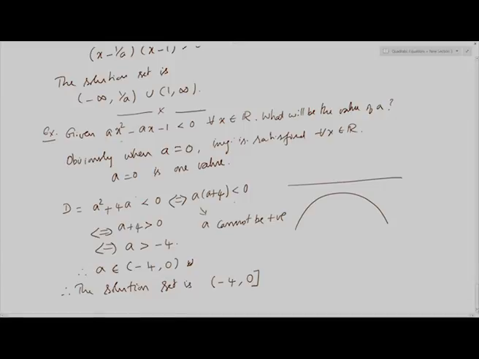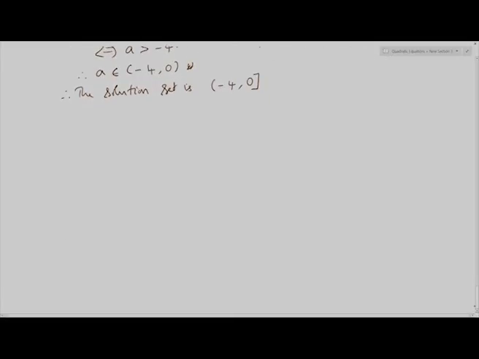So, let me take one more problem of this similar type, but the inequality is satisfied only for a small set, not the entire real line. Let us consider this example.